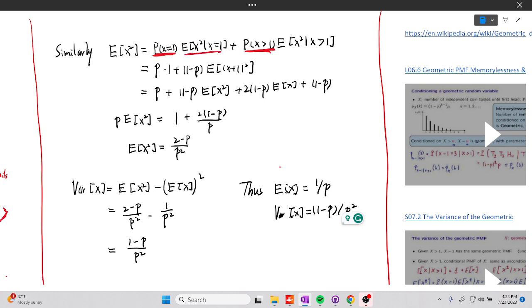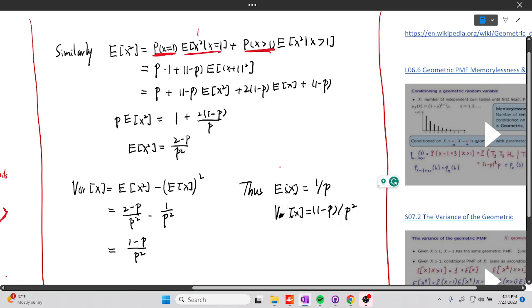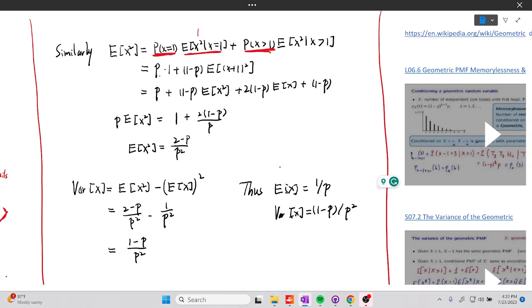So this is 1. Then the expectation of 1 is 1. Then it's p, this 1 becomes p. And this, because this is the failure rate, so 1 minus p.